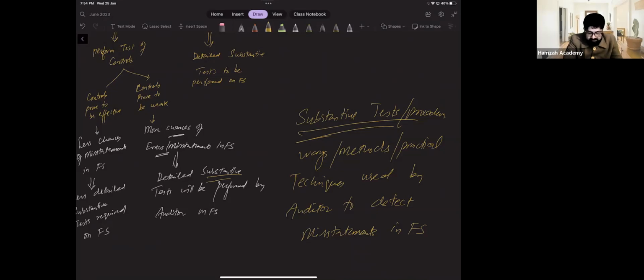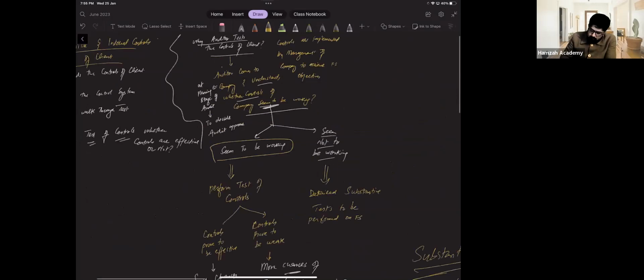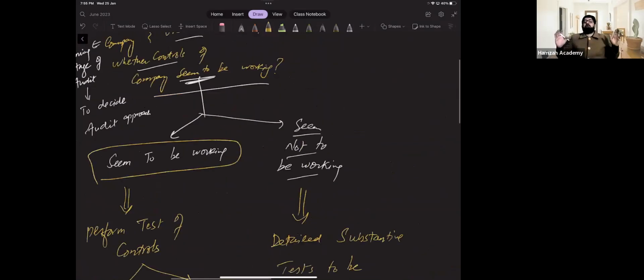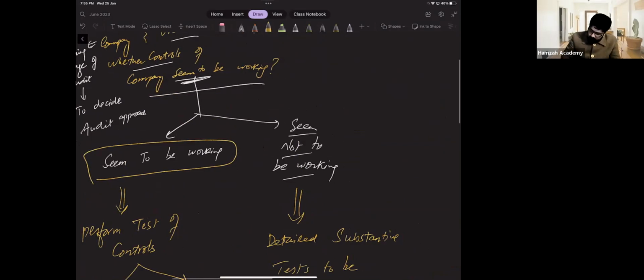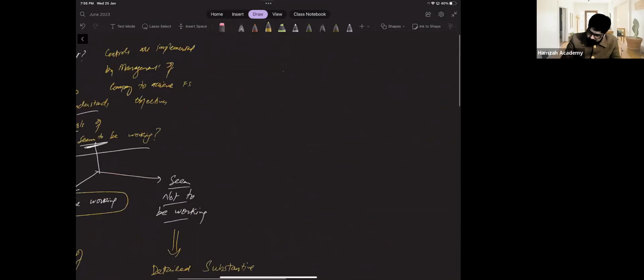Now, I will repeat. First of all, the auditor has to decide the audit approach. Two audit approaches are there.